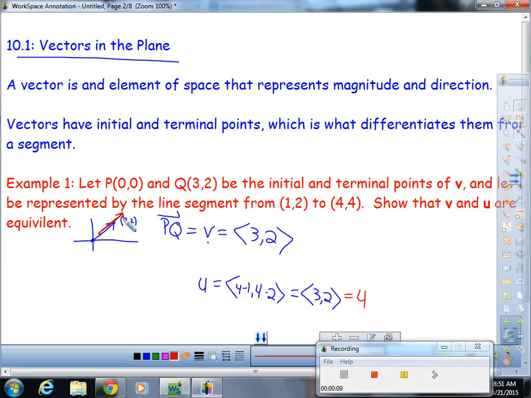Even though vector u and vector v have a different location on our plane, they are still equivalent vectors because their components match up. So what we just learned is that the location of a vector is not significant, only its direction and its magnitude.